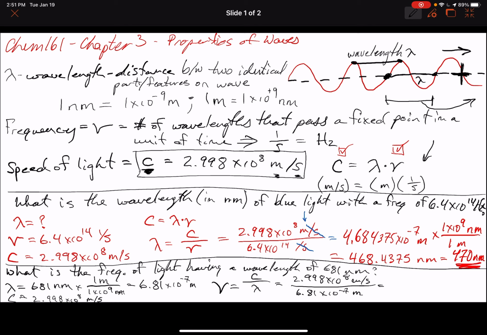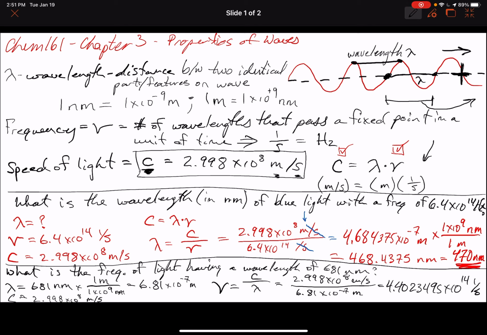And here we have 4.4023495 times 10 to the 14 per second, or hertz.